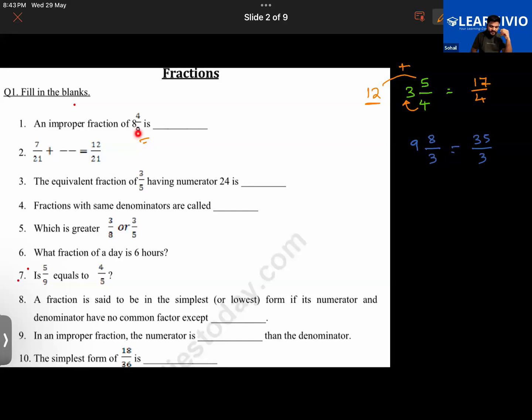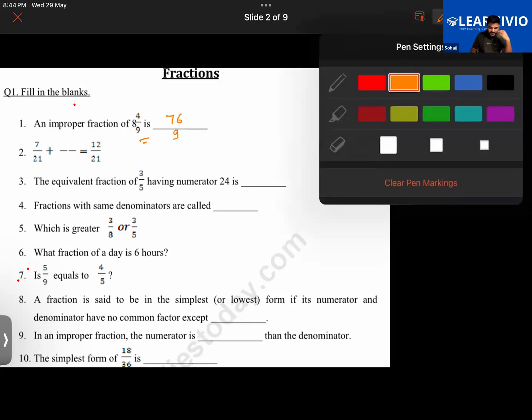Simply multiply 9 with 8 and then add 4 to it. What is the answer? 76 upon 9.